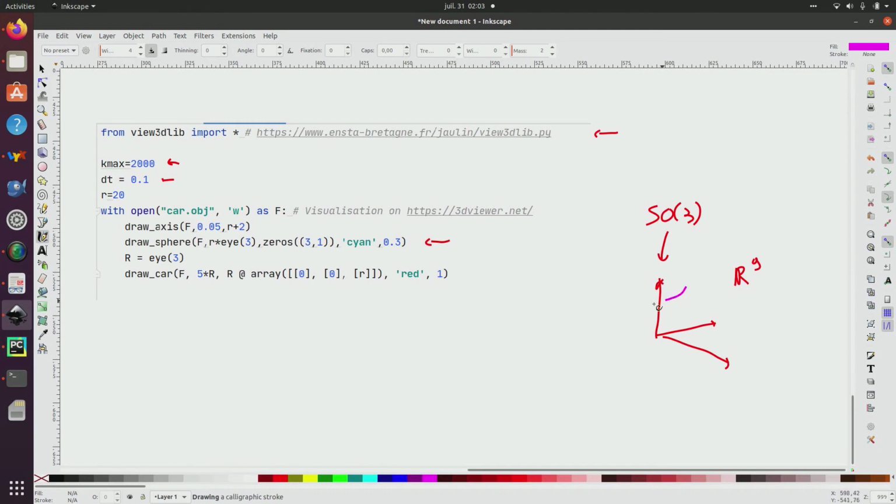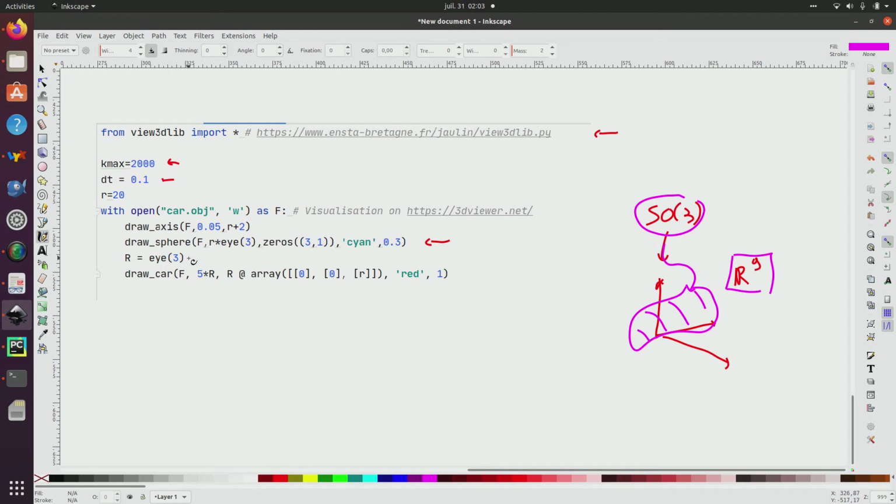And here I have some strange object of dimension 3, which corresponds to SO3. I will be able to compute with floating point numbers inside this embedding, but not here. So this is why here I will use matrices to represent my rotation.